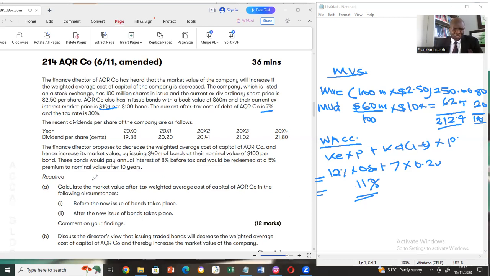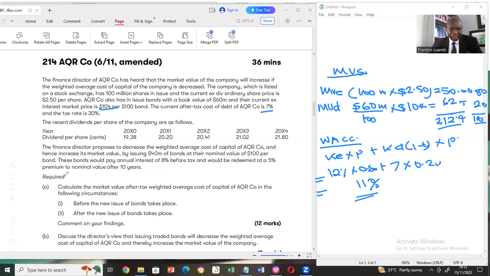Now, if we take into account after the new issue of bonds takes place, we are told the financial director proposes to decrease the weighted average cost of capital of the company, and hence increase its market value, by issuing 40 million of bonds at their nominal value of 100 per bond.